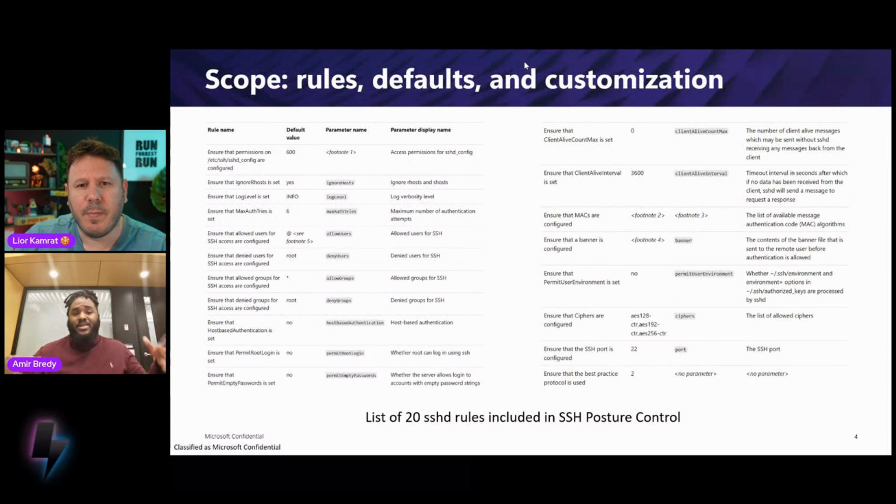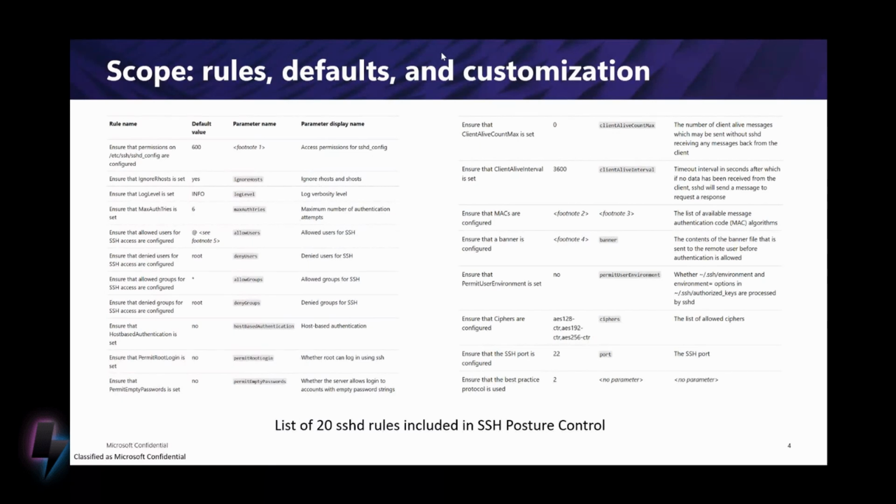So going forward, we can actually show you a little bit of the scope of what SSH Posture Control actually covers, which is first off, the easiest one that you can look at to the right is going to be the port. That is the most important part of SSH Posture Control.